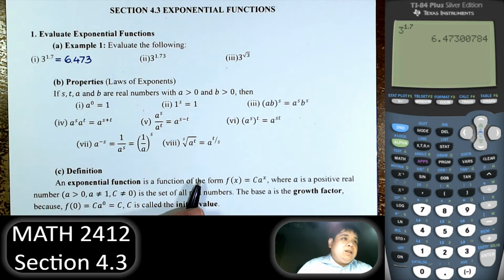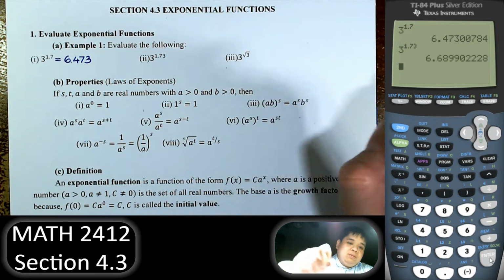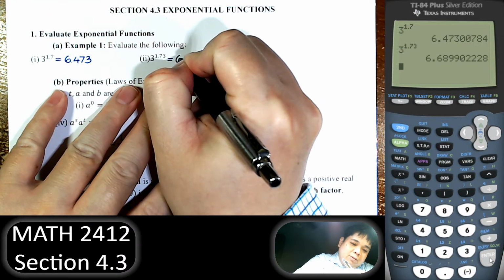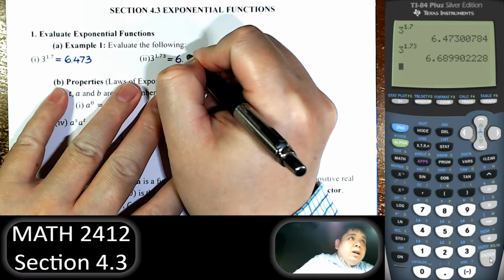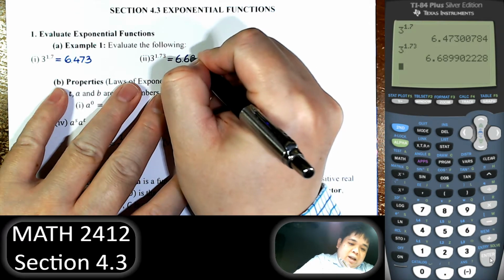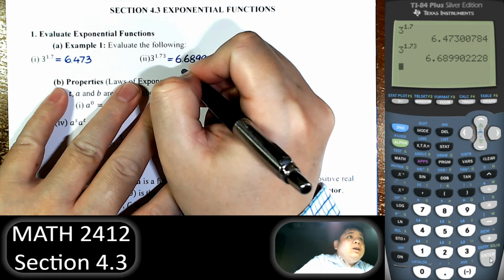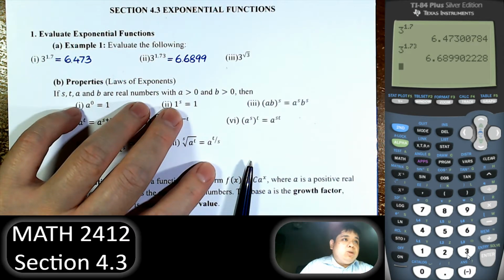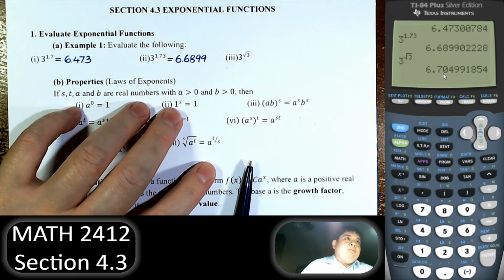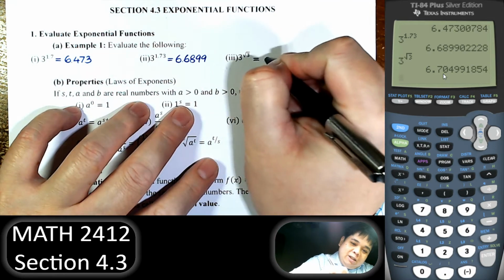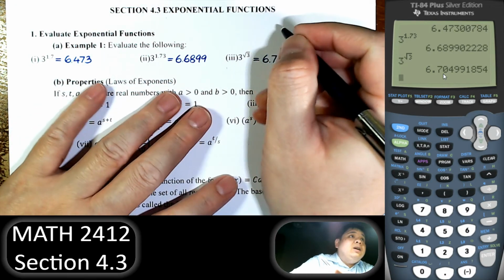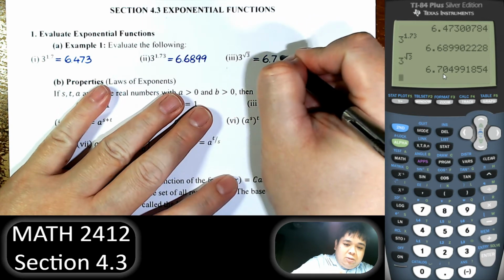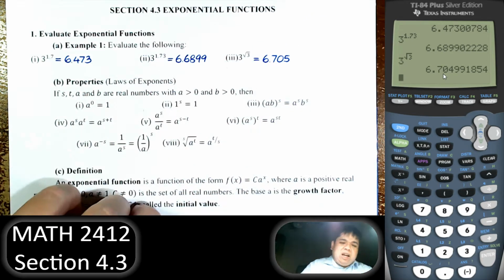Right, next, 3 to the 1.73. That is 6.699. And now 3 to the square root of 3. And we have that. Right, so I just get a few decimal places.